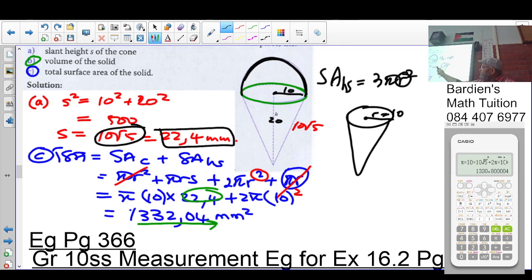Okay, so when we're working out the surface area, we're working out what is outside. You understand? The outer figure. So if I must paint the solid figure, am I going to paint those circles on the inside? No. It will only be on the outside. That is why I've omitted those two circles. Okay. And did I write here 2 pi r? It's supposed to be 2 pi r squared.